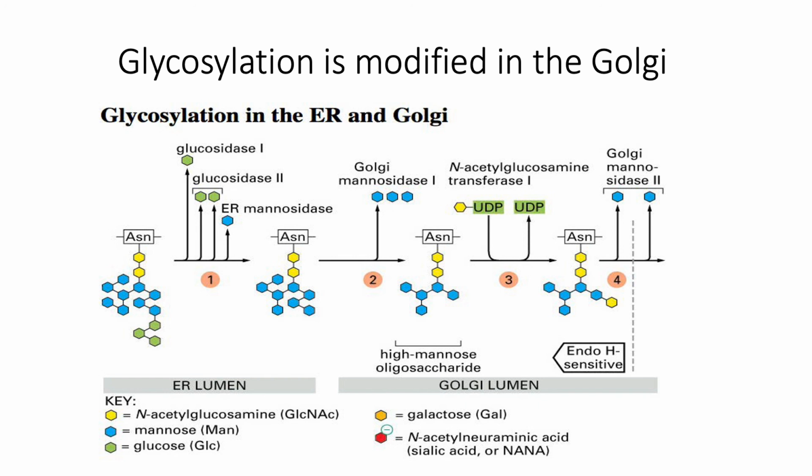Now, the last thing I want to mention is that proteins that pass through the Golgi, many proteins, get what we call proteolytically processed. And then that proteolytic processing activates the protein.